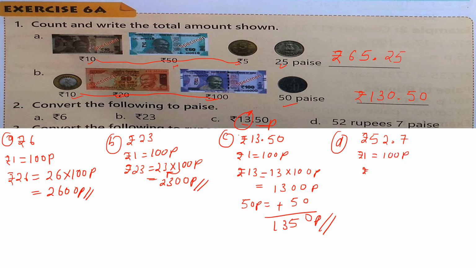Rupees 52 is equal to 52 multiplied by 100 pies, which is 52 ones are 52 and 00 is there. Now 7 pies is 7 pies, plus 7 plus 0 is 7, and 0 and 0 is 0, this 2 and this 5. So 5207. Very easy. Okay, so keep on practicing. Okay children, thank you everyone.